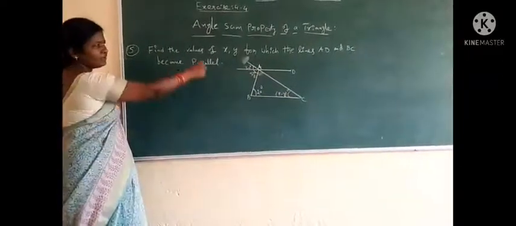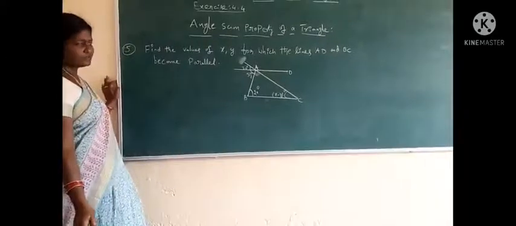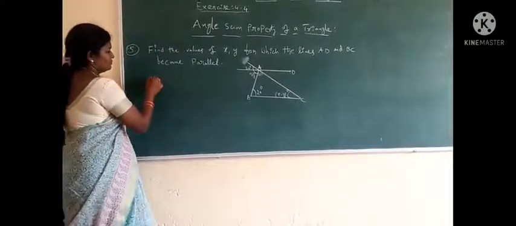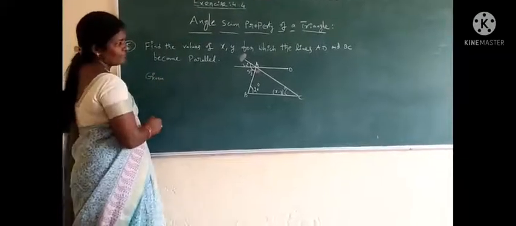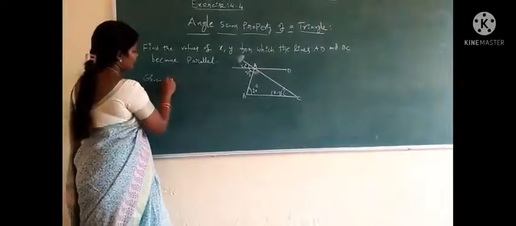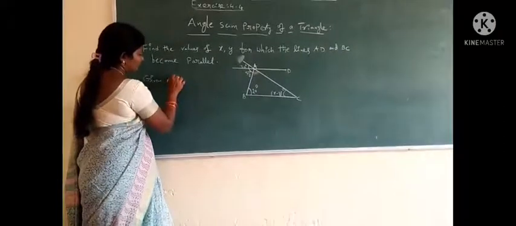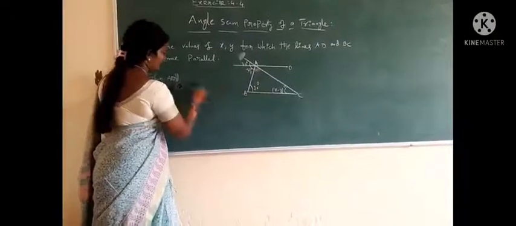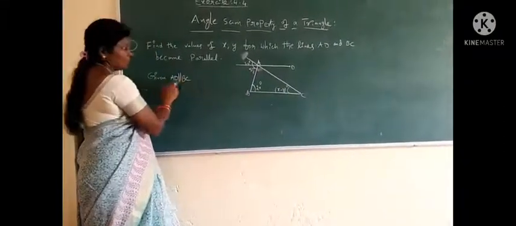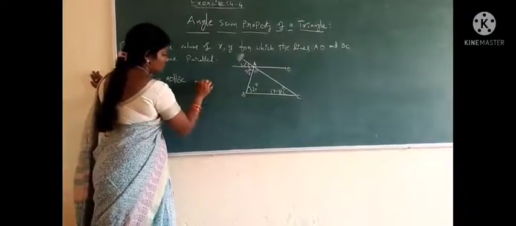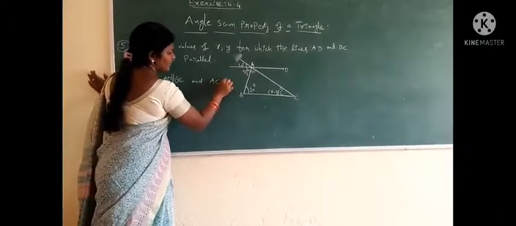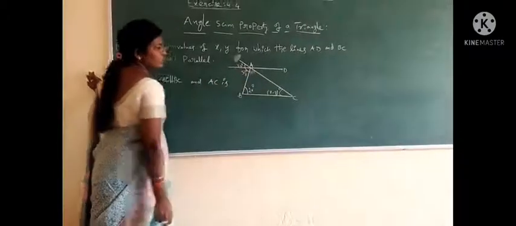We find out x and y values. So given, AD is parallel to BC and AC is the transversal.